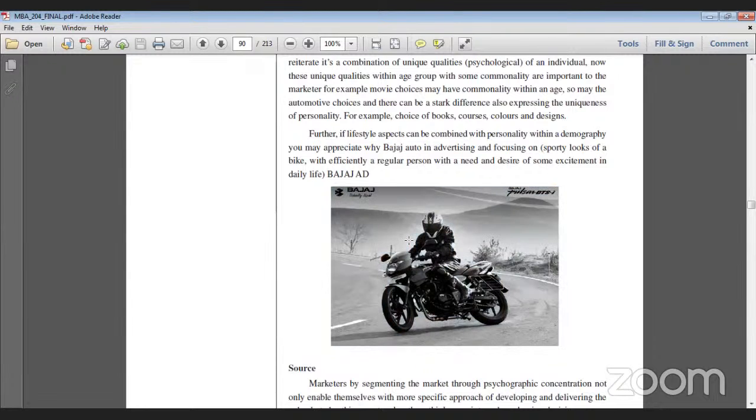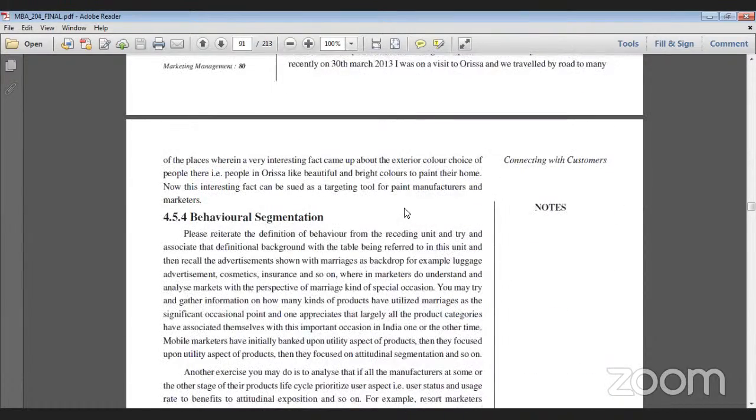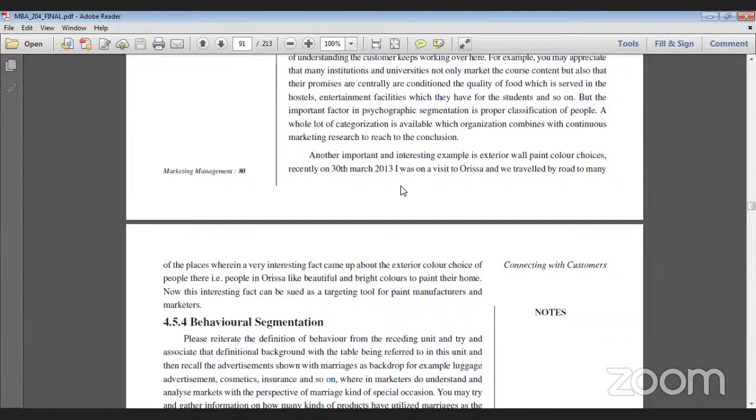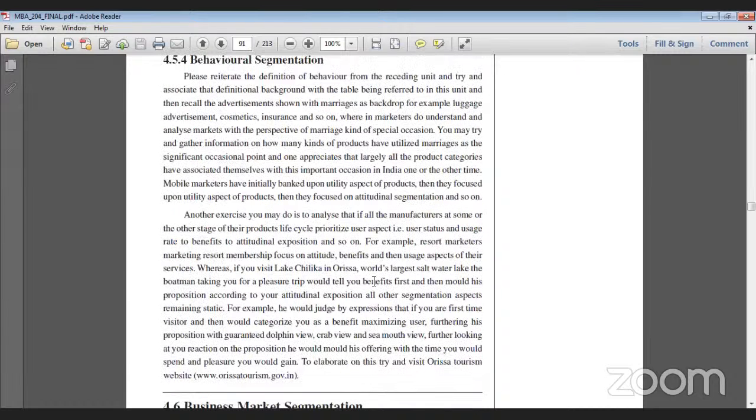Definitely male means the Pulsar is purchased more by the male gender. So this is the kind of advertisement which we see nowadays. Okay, now behavioral segmentation, definitely this behavioral segmentation is also very important.